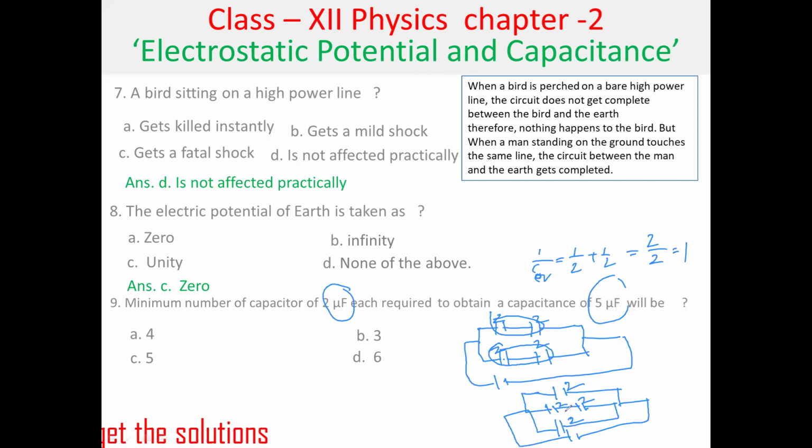These two are in series, so the equivalent would be 1. And again these combinations are in parallel, so the sum: 2 plus 1 plus 2 हो गया 5.